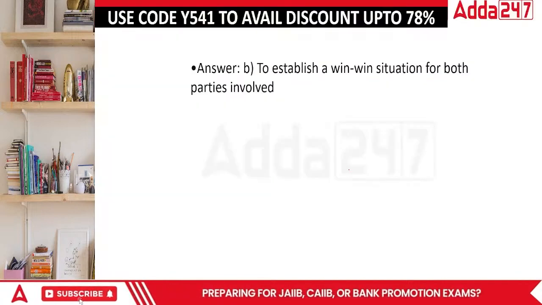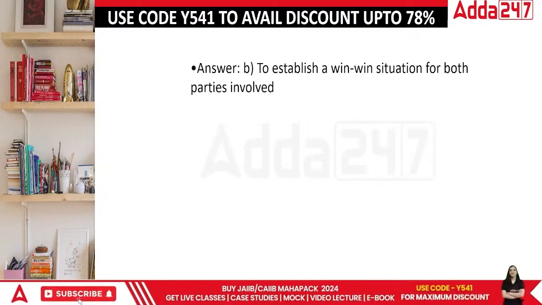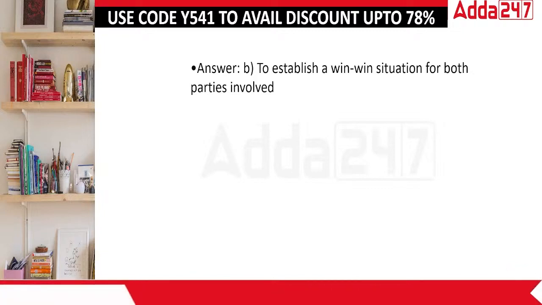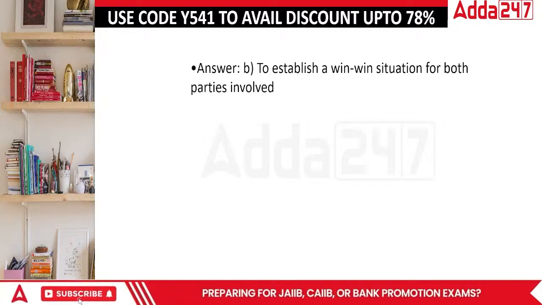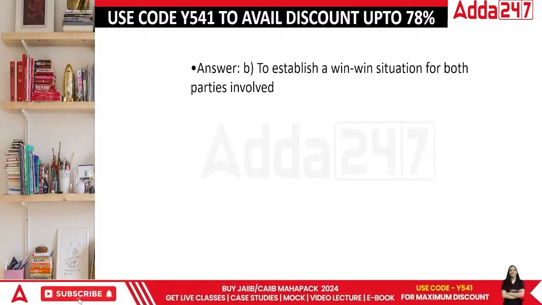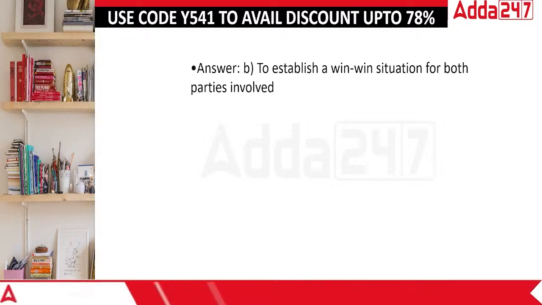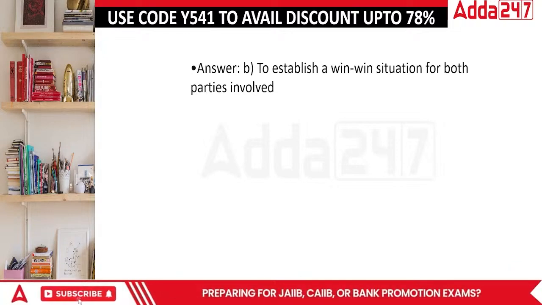So technically, he's looking for a win-win situation for both the parties, meaning both the entrepreneur as well as the venture capitalist. See, if the organization makes money, then both of these would have their own set of incomes as well. So technically, this will be definitely more helpful than anything else.